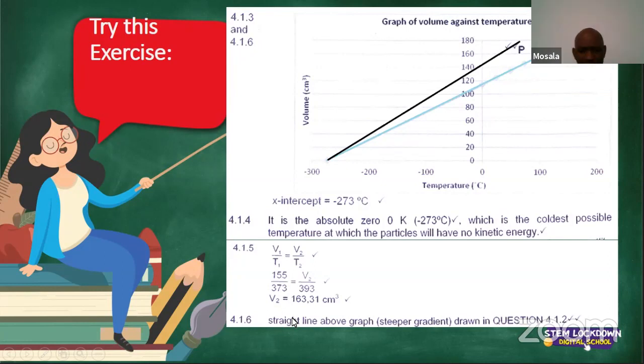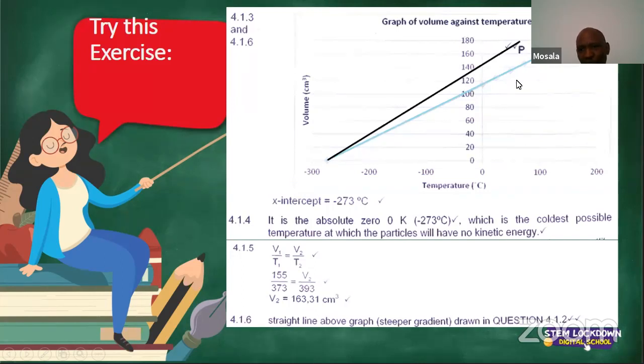And now the question was, how will the graph look if this experiment was carried out at lower pressure? At lower pressure, what did we say? We said normally real gas will deviate from ideal gas. So they will have a higher volume, meaning that you will have a steeper line now. This is your P, which will be steeper.